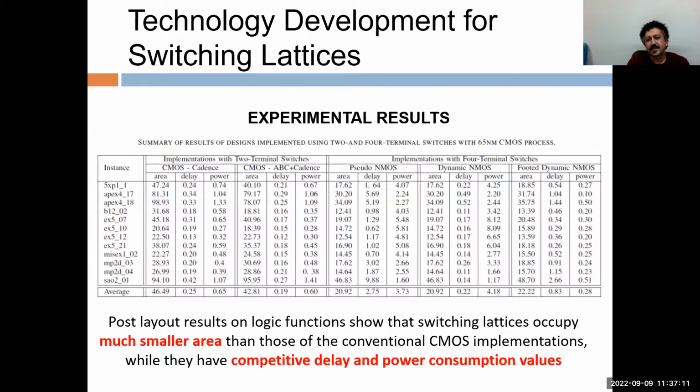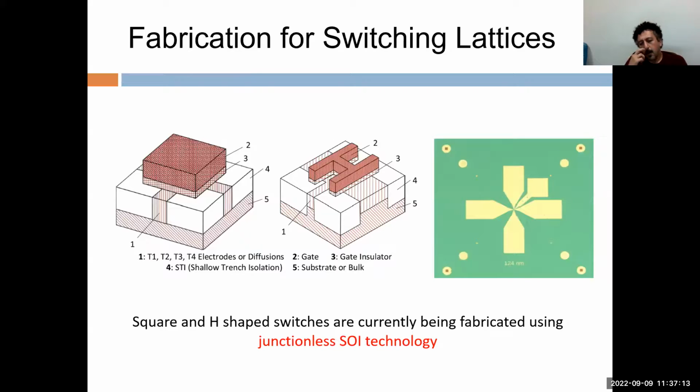Okay, what is next? Now, we are still working on this. We have a project with the University of Massachusetts. We started this fabrication because there are some structures that cannot be fabricated using commercial tools. Even if you can put it in the layout, you cannot test it because there's no such device in Cadence, right?